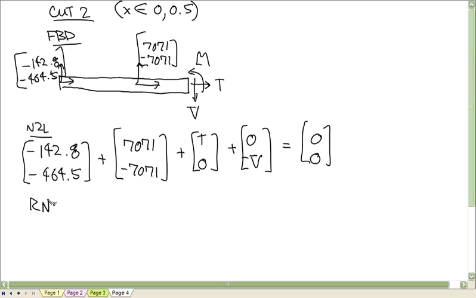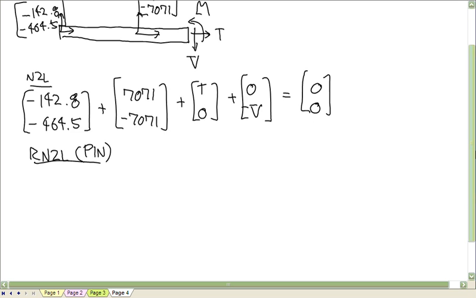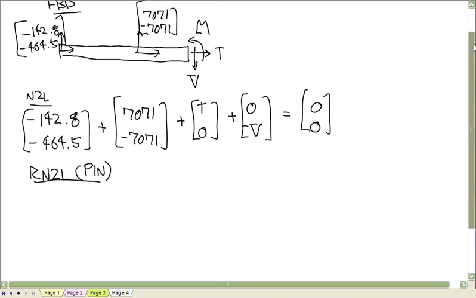And the rotational equation, I'll still do it about the pin. So we have a moment arm of 0.25.